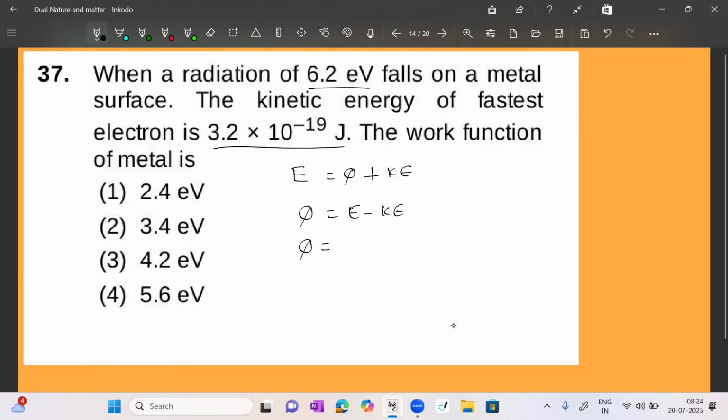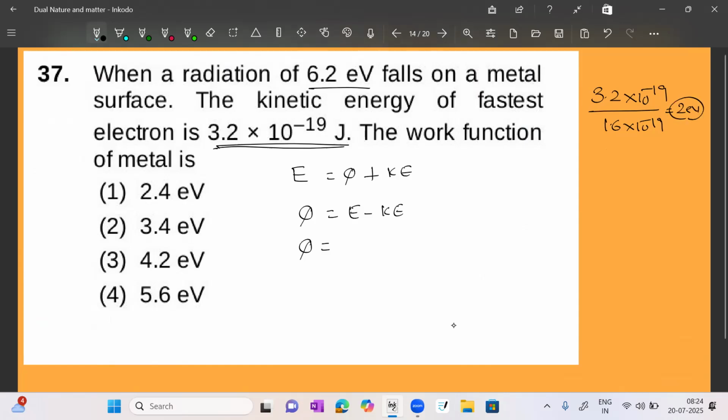That also we should convert into electron volts. 3.2 into 10 power minus 19 by 1.6 into 10 power minus 19 becomes 2 electron volt.